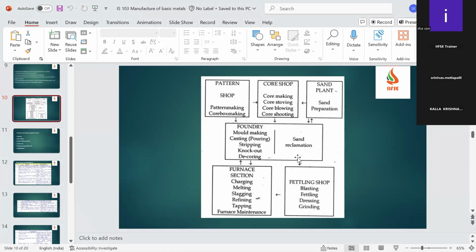There is charging, which is putting scrap inside the furnace, then melting, slagging, refining, tapping, and also furnace maintenance. These are the activities that happen.